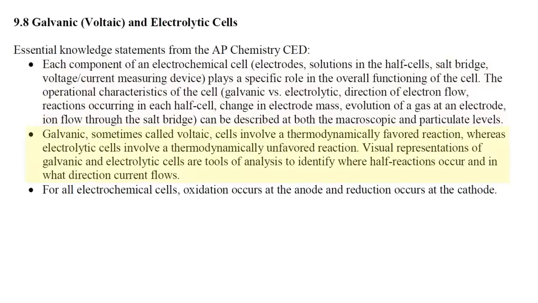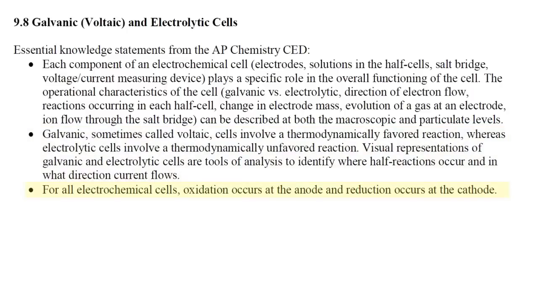Galvanic cells, sometimes called Voltaic cells, involve a thermodynamically favored reaction, whereas electrolytic cells involve a thermodynamically unfavored reaction. Visual representations of galvanic and electrolytic cells are tools of analysis to identify where half reactions occur and in what direction current flows.